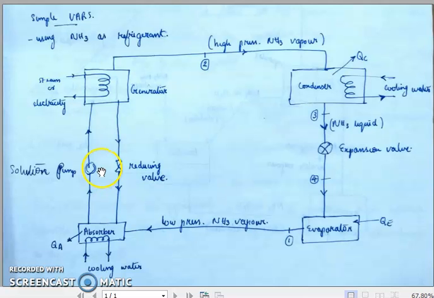So this is where the solution pump comes into the picture, and how it is avoiding the work of an energy consuming compressor.